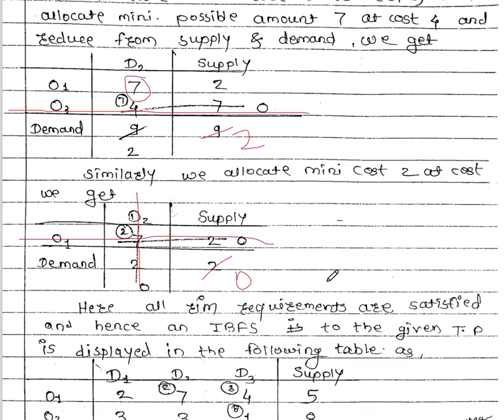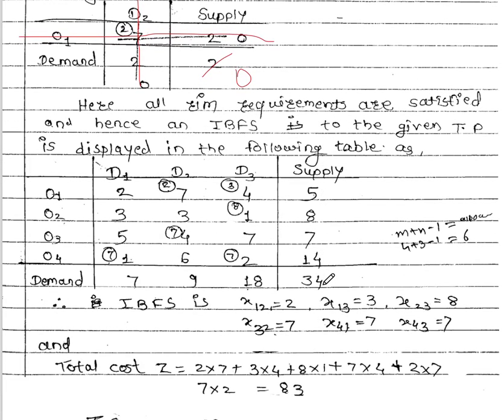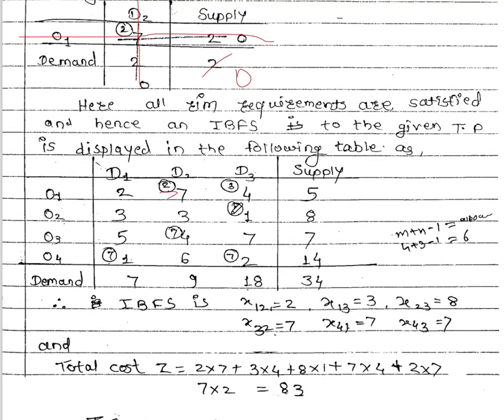Okay, now we will show all the allocations in a final transportation problem. Write down the original transportation problem, then show all the allocations in this transportation problem. So this is the original table, and these are the allocations: 7 3 8 4 7 7.